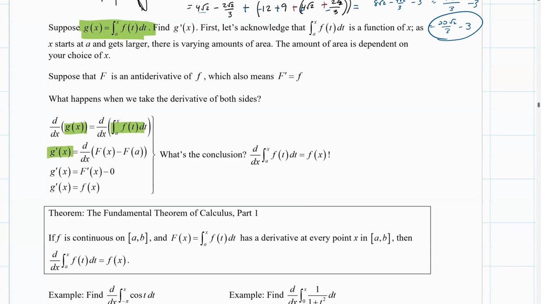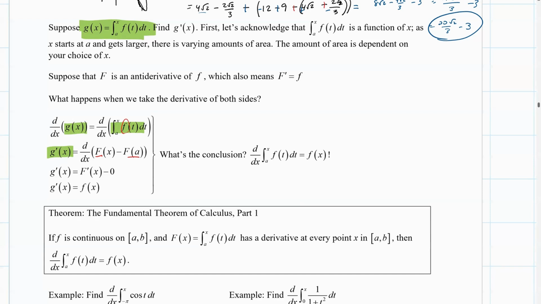Using the fundamental theorem of calculus, part 2, I have to take the antiderivative of f. We'll use the notation that big F is an antiderivative of little f. And so I take the antiderivative and evaluate it on the lower bound and upper bound.